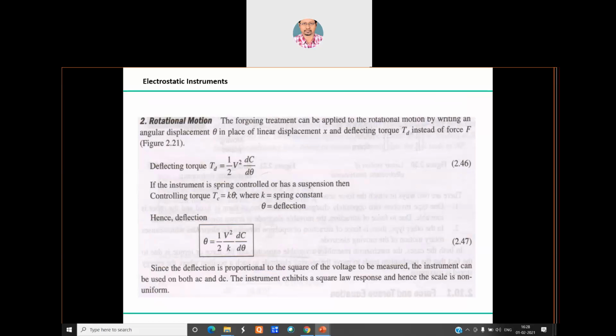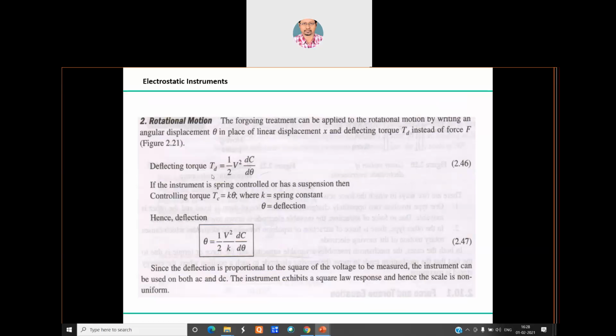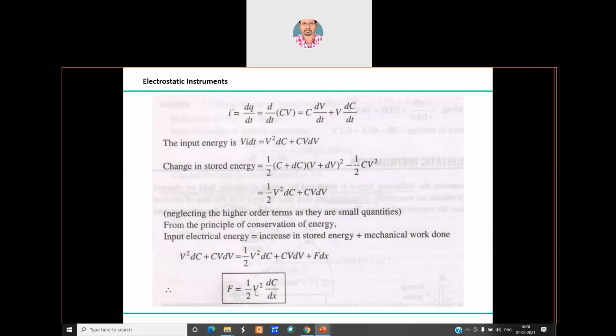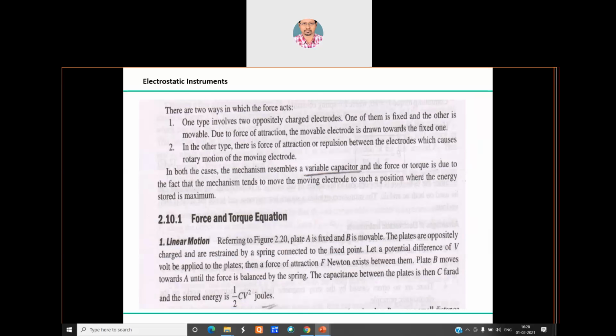So the same analogy you can follow as far as the rotary motion is concerned. In that case, rather than force there will be deflection torque, and it is half of V square, which will remain the same, times dC by d theta. So I would advise you to derive this particular expression for the rotary motion. That is your assignment number 8, I guess.